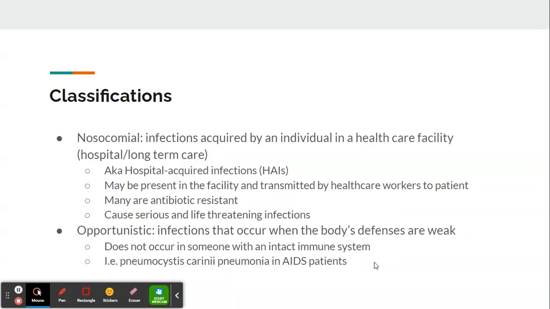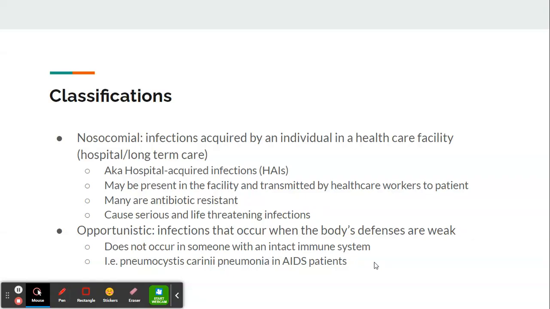We have nosocomial infections, which are sometimes known as hospital-acquired infections or HAIs. These are infections that we see someone who's already in a long-term care facility, whether that's a hospital or nursing home, get that is not related to the reason they're there.